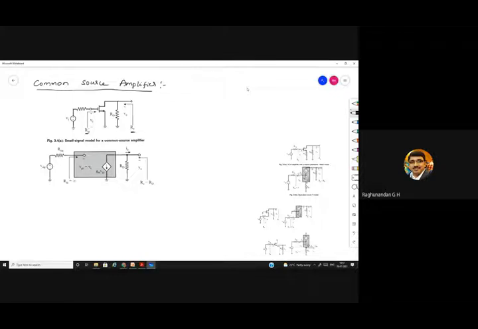So for R naught you say looking back, and for R in you say looking into the circuit. These are the two phrases we use while discussing input resistance and output resistance.